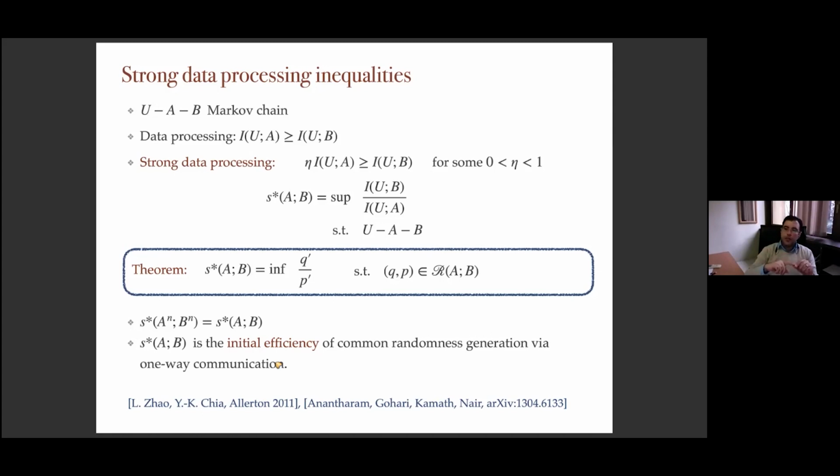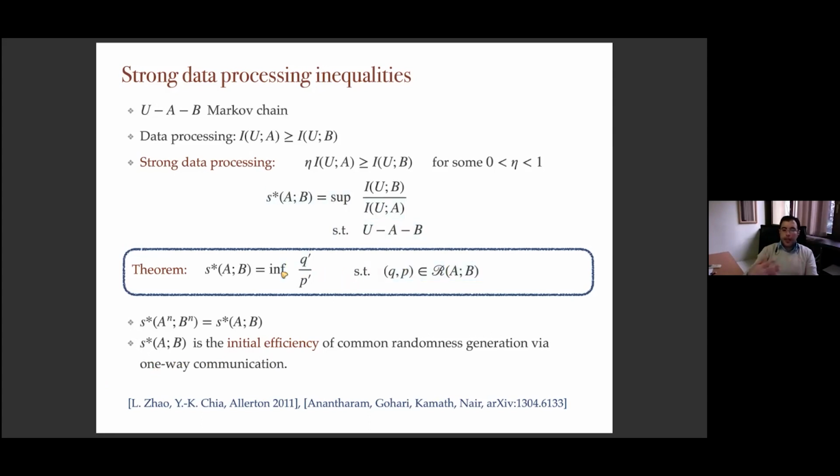But at point 0, when the amount of one-way communication is 0, I get 0 rate of producing shared randomness. By initial efficiency, I mean the derivative of this curve at point 0. In fact, I'm asking, what if I allow an epsilon amount of one-way communication? What would be the rate at which I can generate common randomness? That would be S star, and that comes from this theorem, essentially.